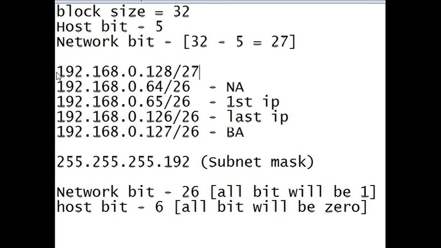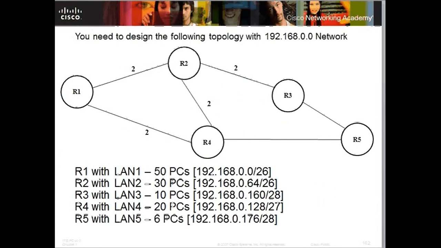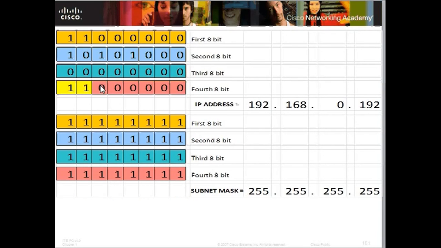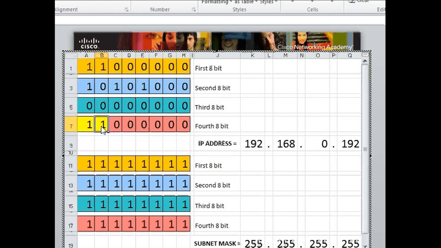So let's understand how I am creating these 2 more subnetworks. From this calculator we can calculate it. Here I am borrowing one more bit. Since this bit is fixed, I am calculating 2 subnetworks, that is 100 and 101. Are you getting it? What is the concept? Initially these 2 bits were utilized.